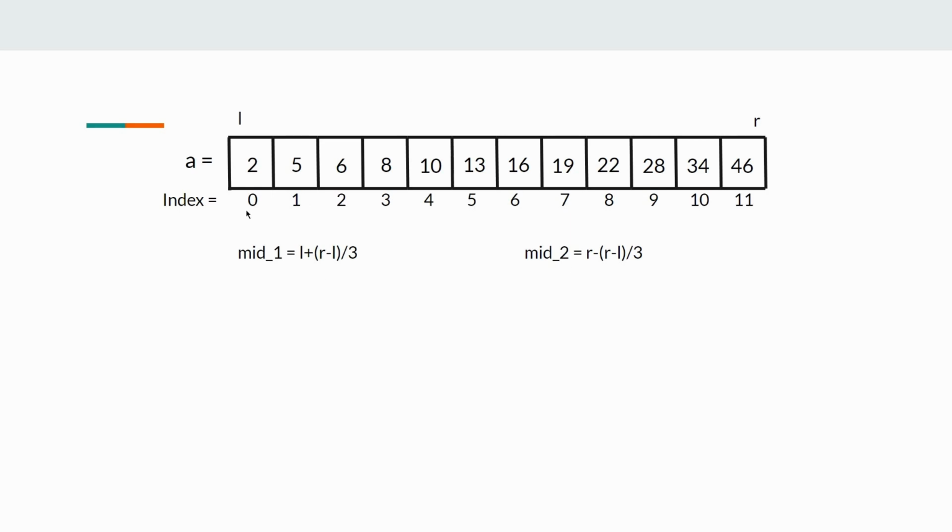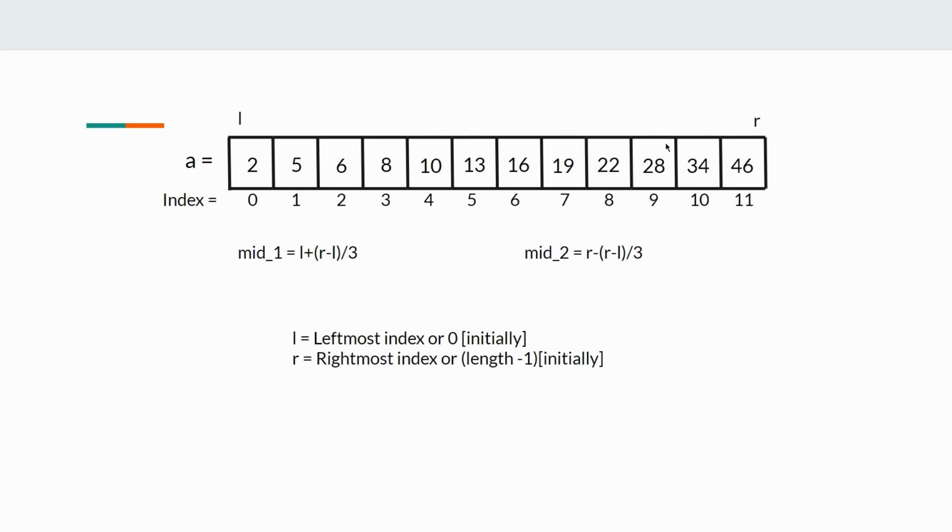First we have to see what L and R are. Normally L is the leftmost index, which in the beginning is 0, so you assign L as 0. And R is similarly the rightmost index, or length minus 1.